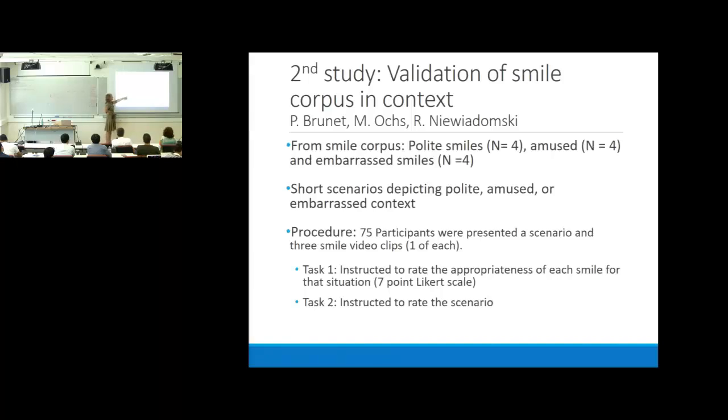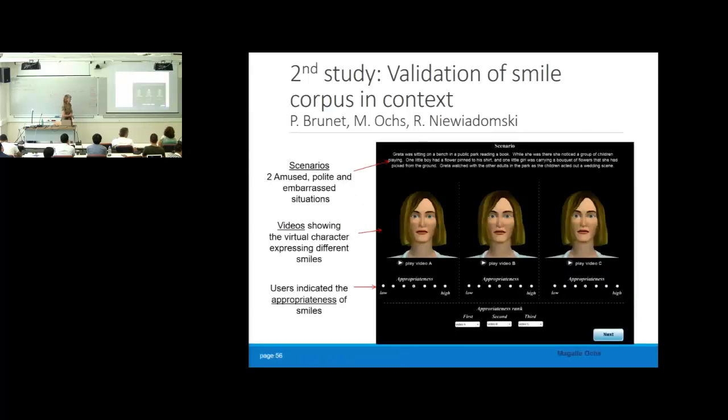We had 75 participants who were presented with a scenario and clips of 3 different smiles, and they were asked to select the most appropriate smile for the situation. Okay, so here is a scenario.